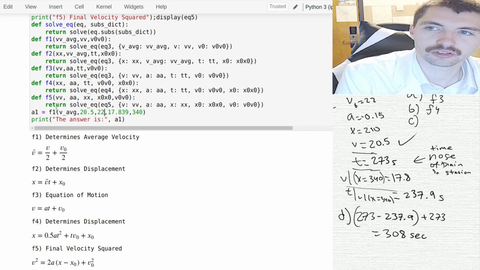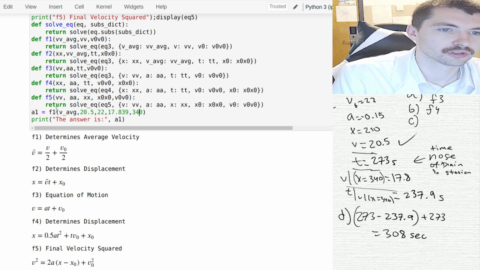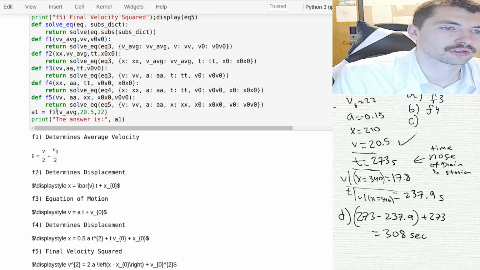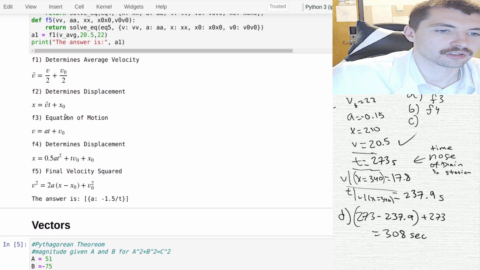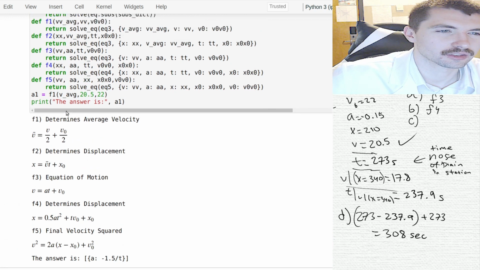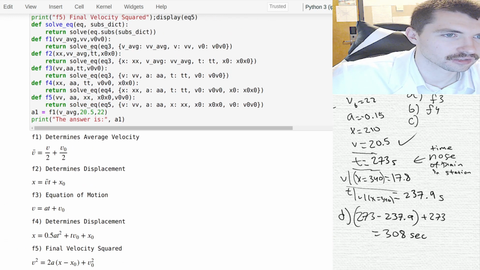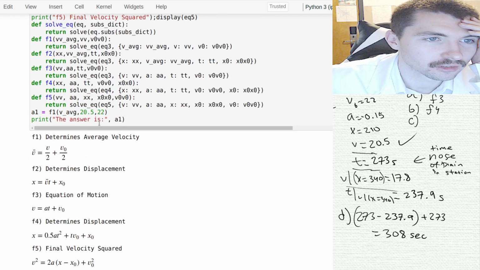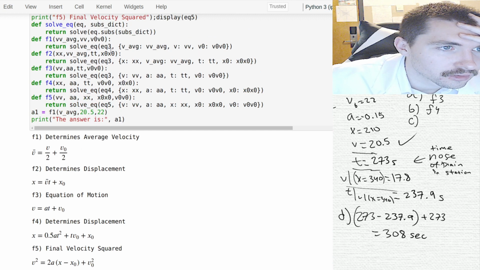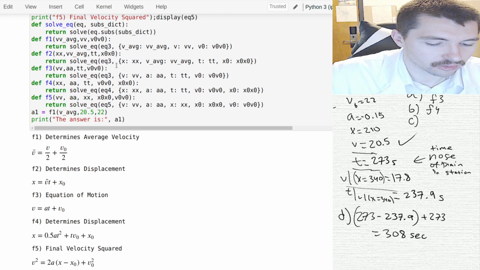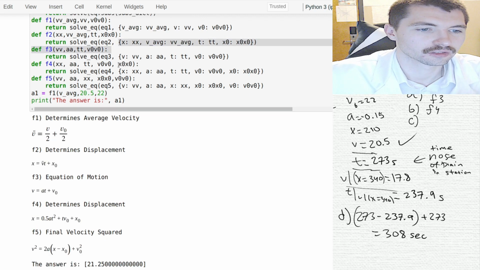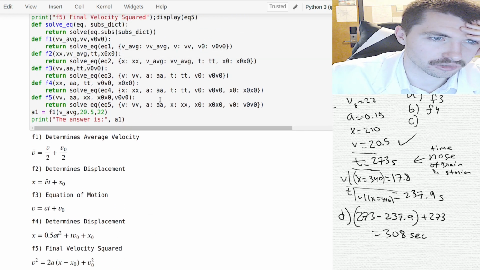V naught is 22. Okay, so 1/2 T, F1. Solve equation 2, solve equation 1. Okay, I'm gonna fix that. I'm gonna have to re-upload that to the GitHub.